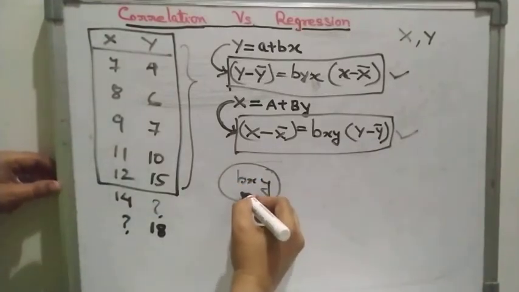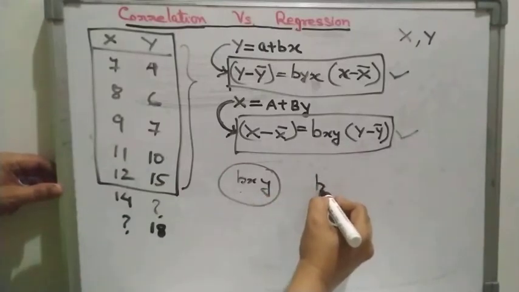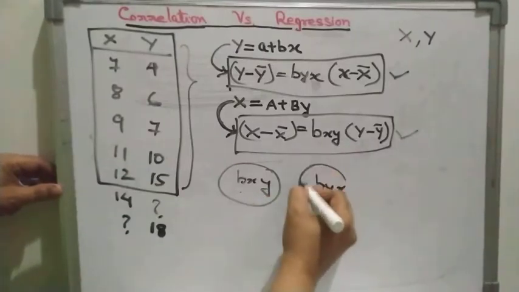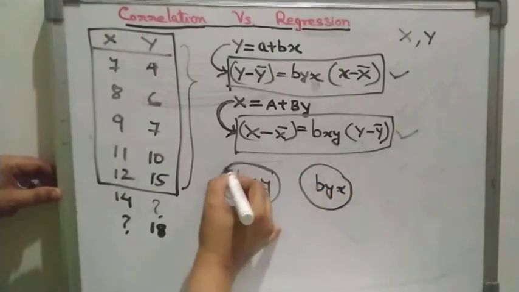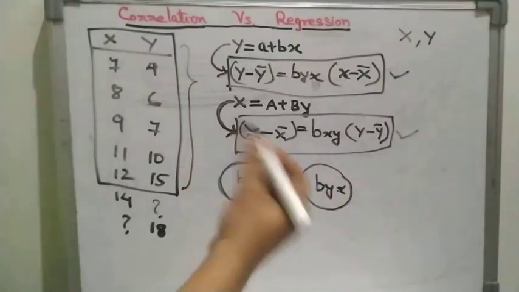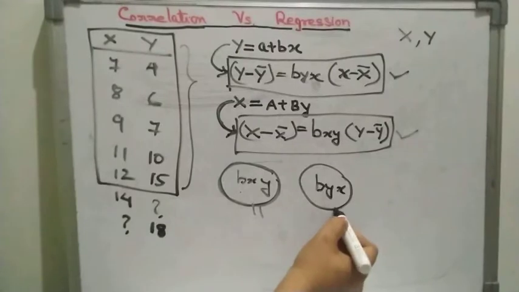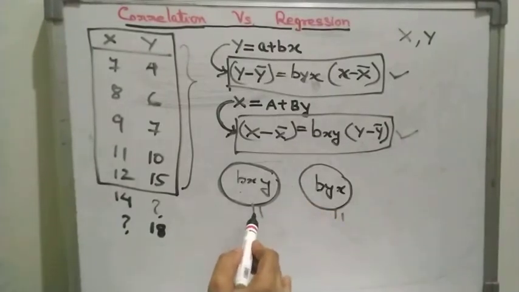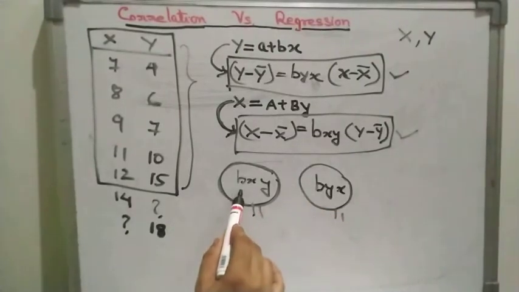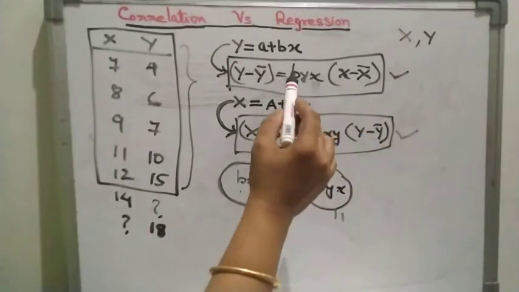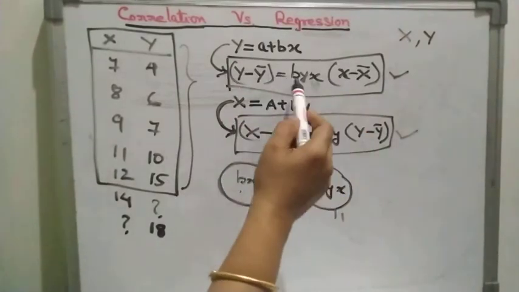First we need to find bxy and byx, which are called regression coefficients. I will give the formulas afterward. With the formula you first find these and then put them in the equation.